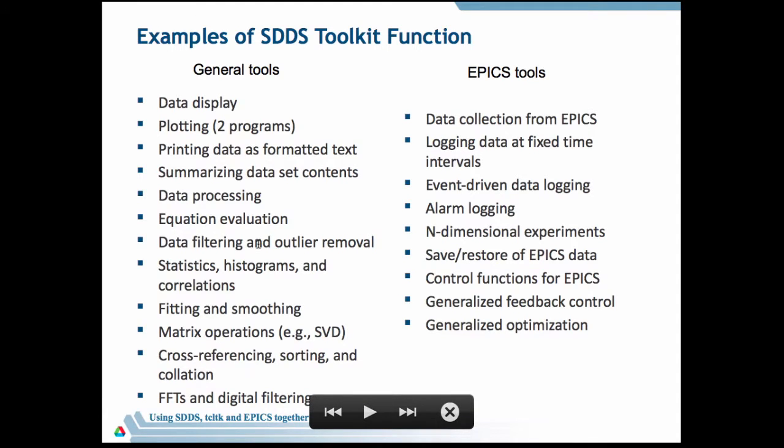Data filtering, we use it a lot on experimental data. Outlier removal is important to throw out the data that would affect the average or the statistics of what we're seeking. We have fitting and smoothing. Matrix operations, yes.